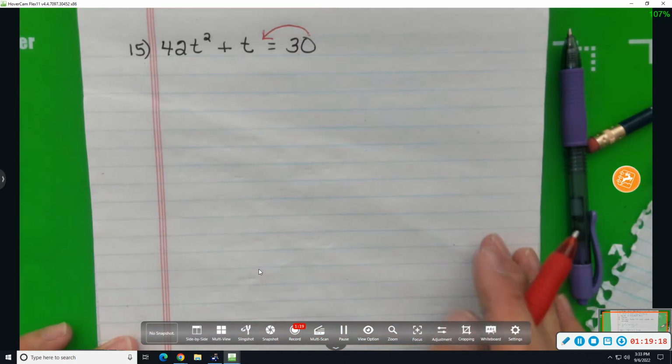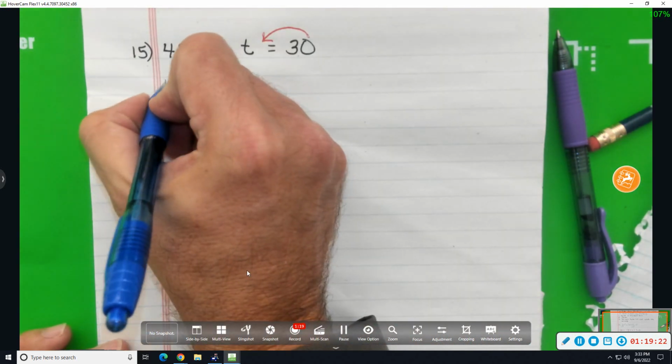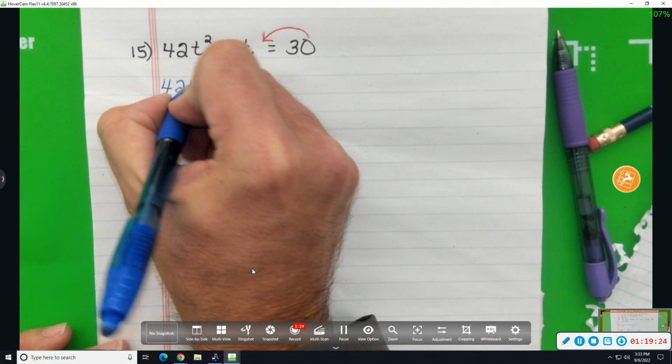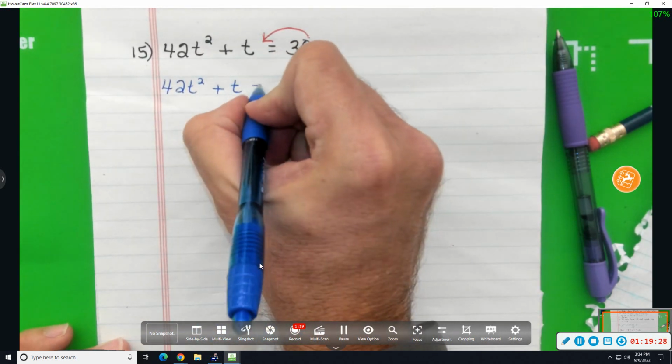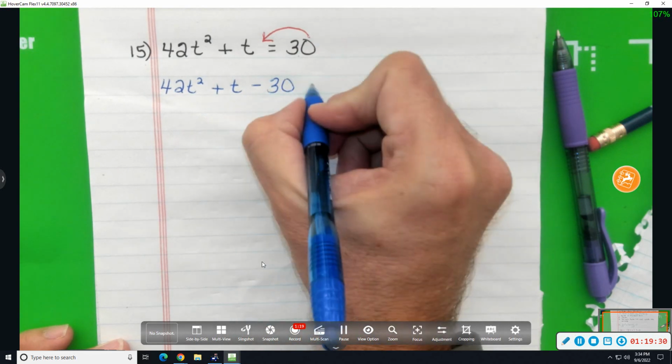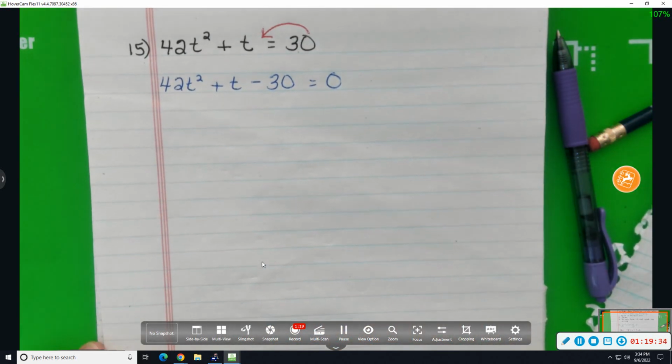Minus the 30, aren't we? So here's what we're going to be factoring: 42t squared plus t minus 30 equals 0.